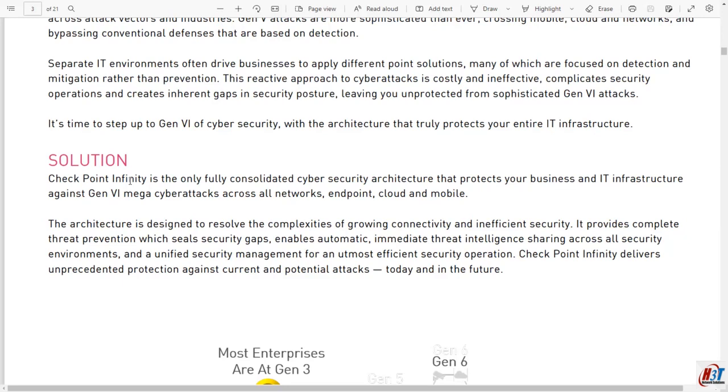It provides complete threat prevention, which seals security gaps, enables automatic, immediate threat intelligence sharing across all security environments, and a unified security management for an utmost efficient security operation. Checkpoint Infinity delivers unprecedented protection against current and potential attacks today and in the future.